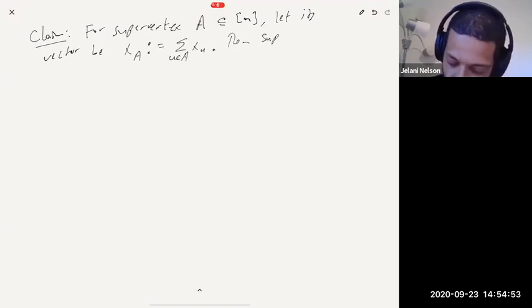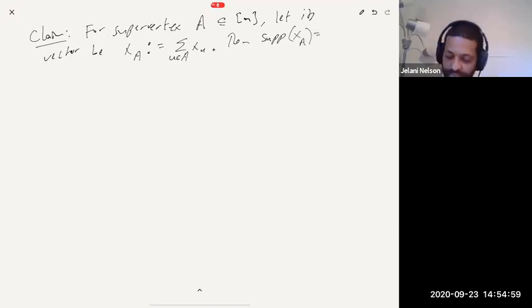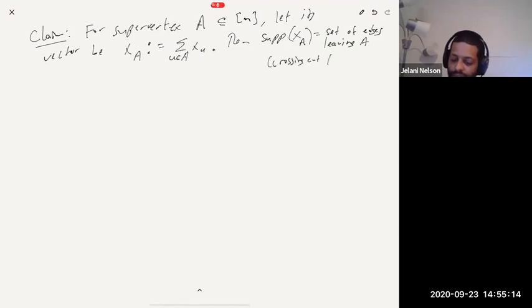Then the support of xA is exactly the set of edges leaving A, or crossing the cut from A to n minus A.